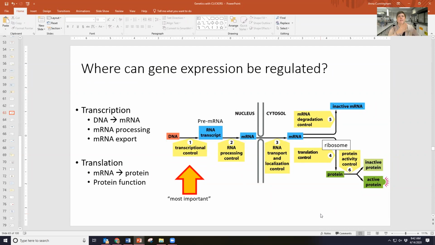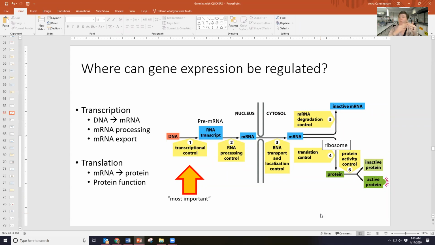So if you remember what I said, the big difference between replication and transcription is that with replication, which is making a duplication of a DNA strand for the purposes of reproduction, you take the entire genome, all of the DNA, and you make a copy of it all at once, right? But in transcription, we have our DNA organized into genes, those units that code for proteins.